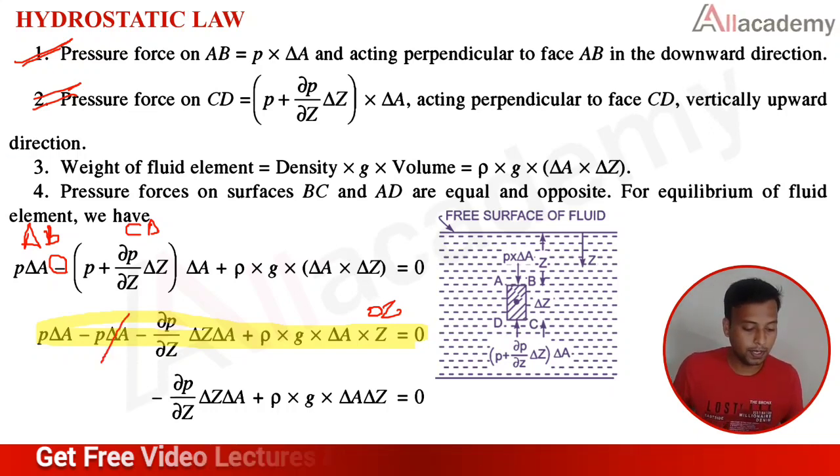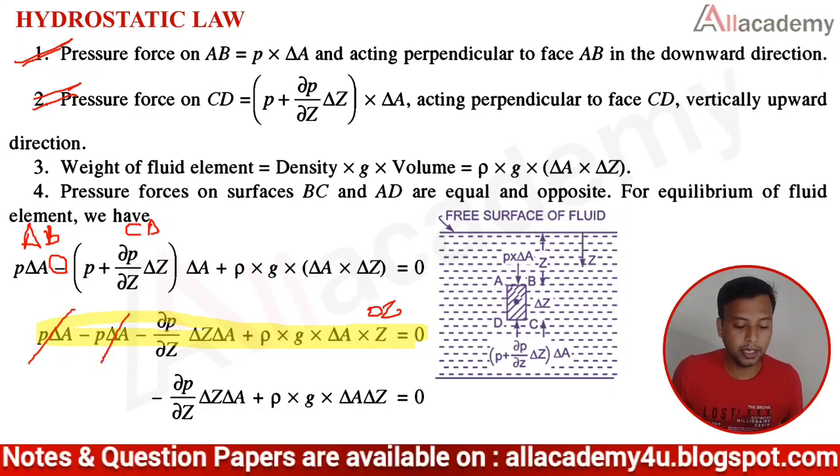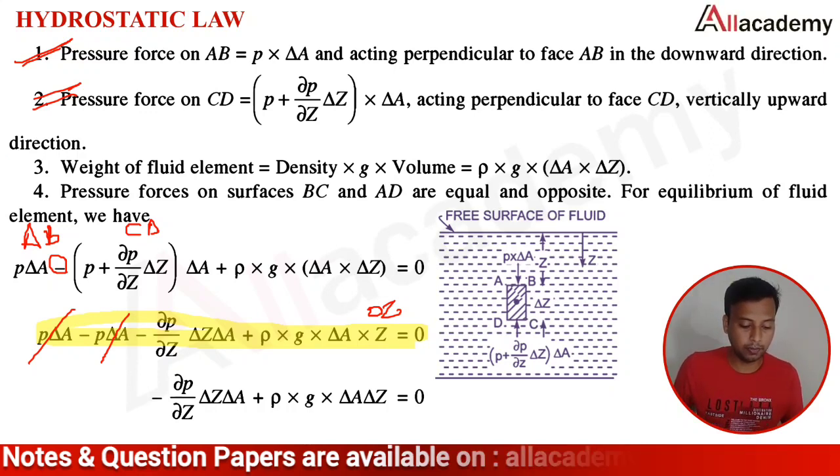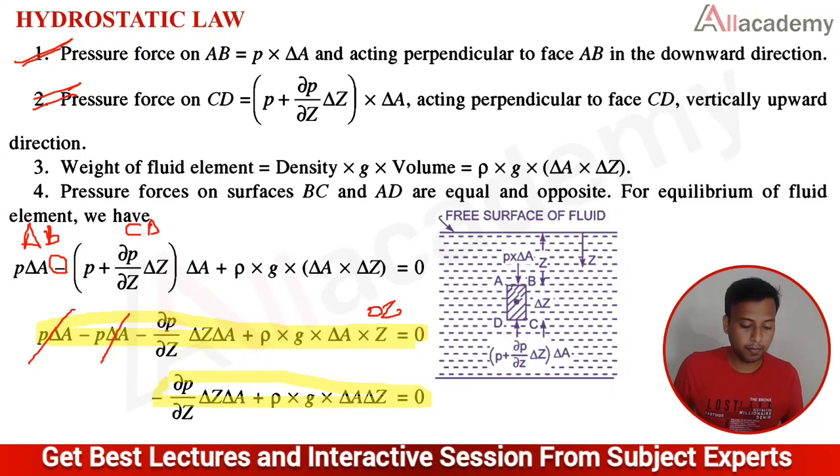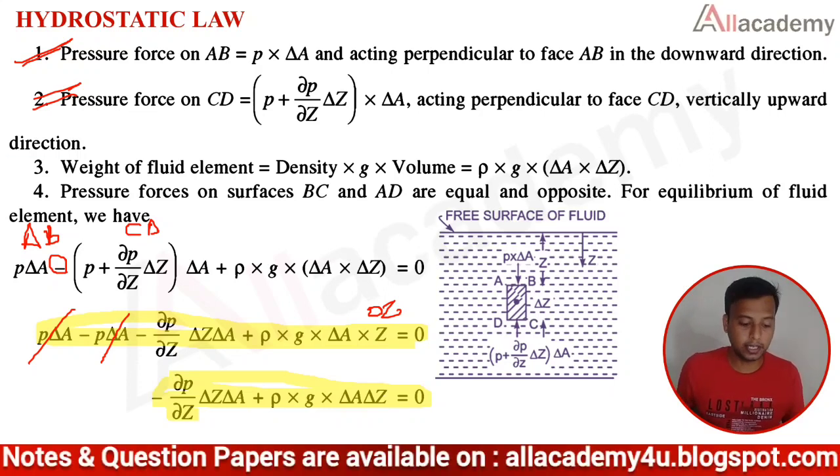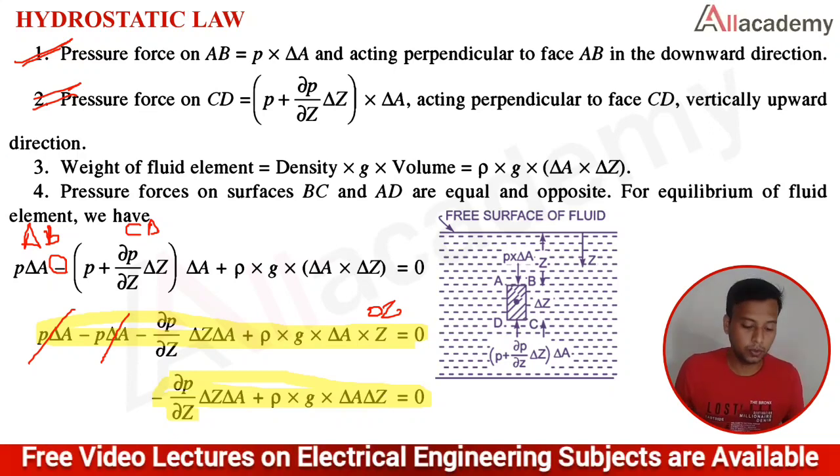Now this P delta A and this P delta A get cancelled. The left out equation will be minus dou P by dou Z into delta Z into delta A plus rho g into delta A into delta Z equals 0.